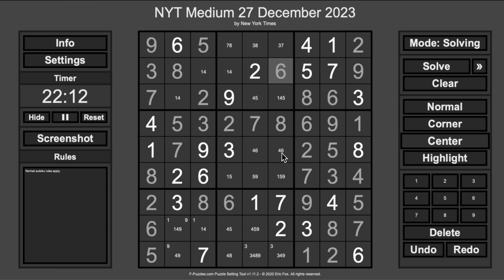This 6 tells me that's a 4. That's 6. This is ruled out for me a 4, as is that.